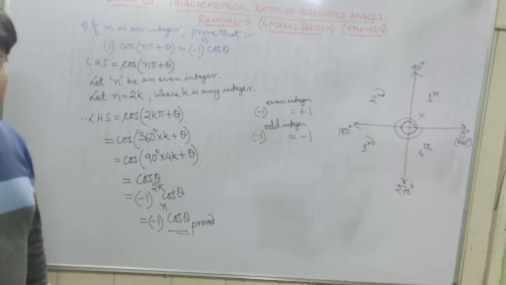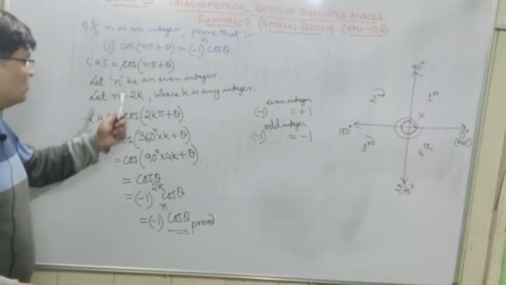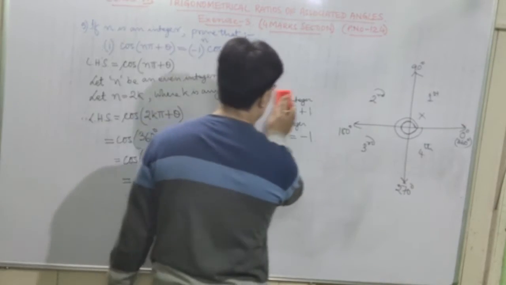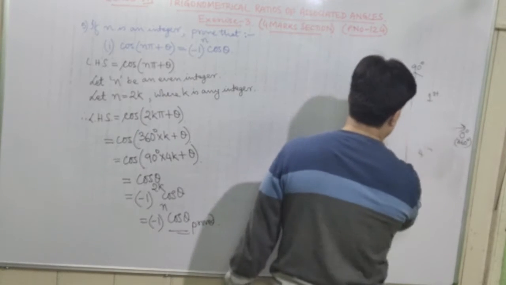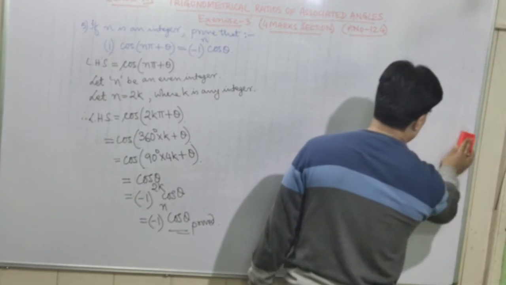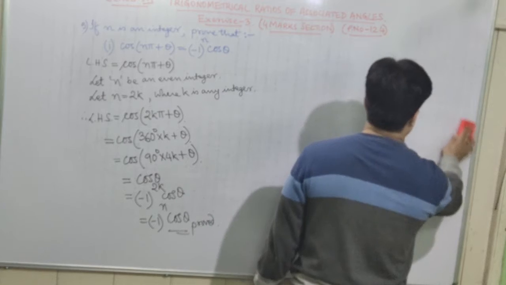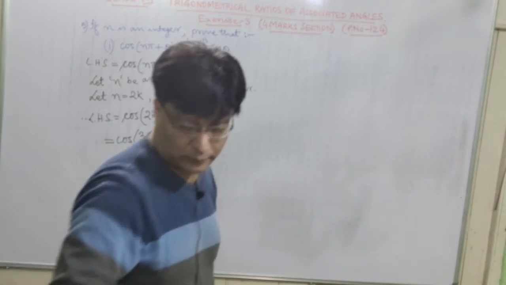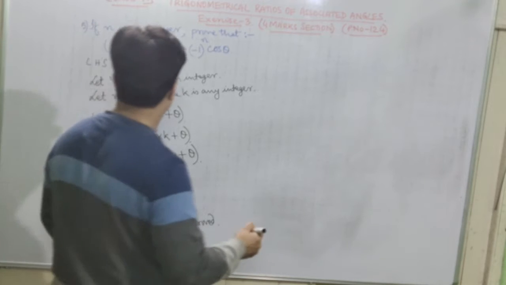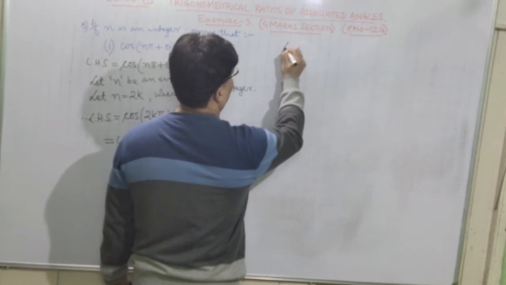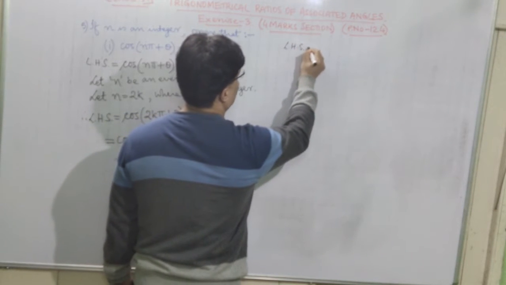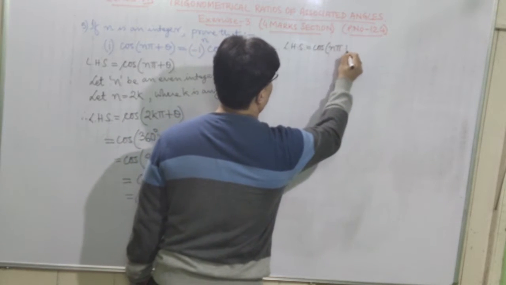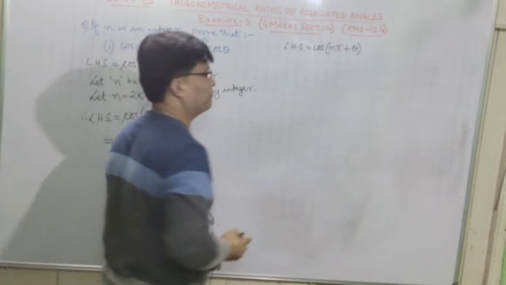So I think you have understood it. Now let us assume this n as an odd integer. Okay? So let us assume n as an odd integer. Now again, LHS is equal to cos n pi plus theta.